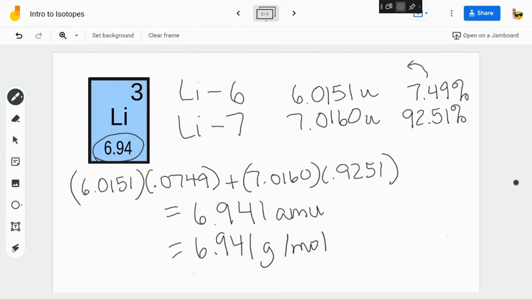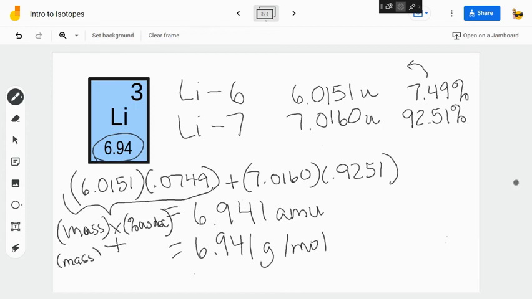So let's summarize this. You take the mass times the percent as a decimal, and then you add them to all the other isotopes.